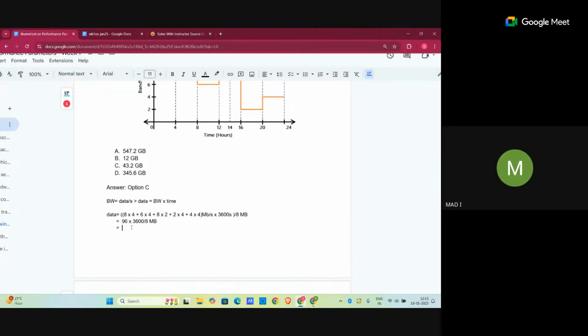If we calculate in terms of MB, it will be 43200 MB. Now we multiply it by 10 to the power minus 3 to get it in GB, which is 43.2 GB. That is the whole calculation.